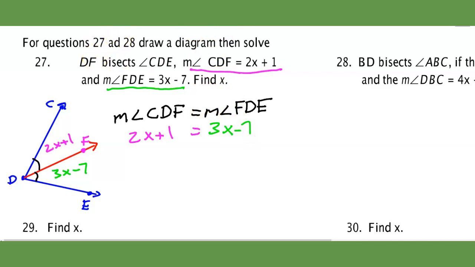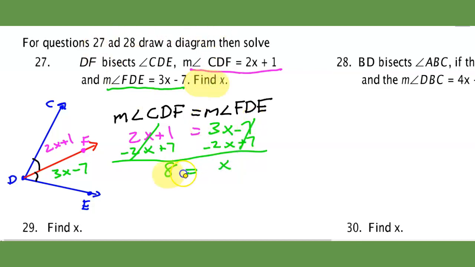And we just need to solve. So subtract 2x and add 7. We'll have 8 is equal to x. And that was our task, to find x, so we are finished.